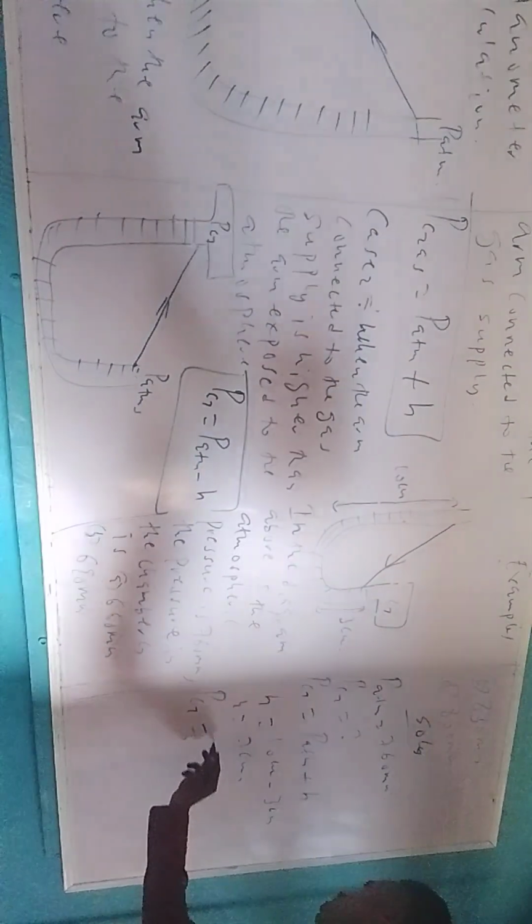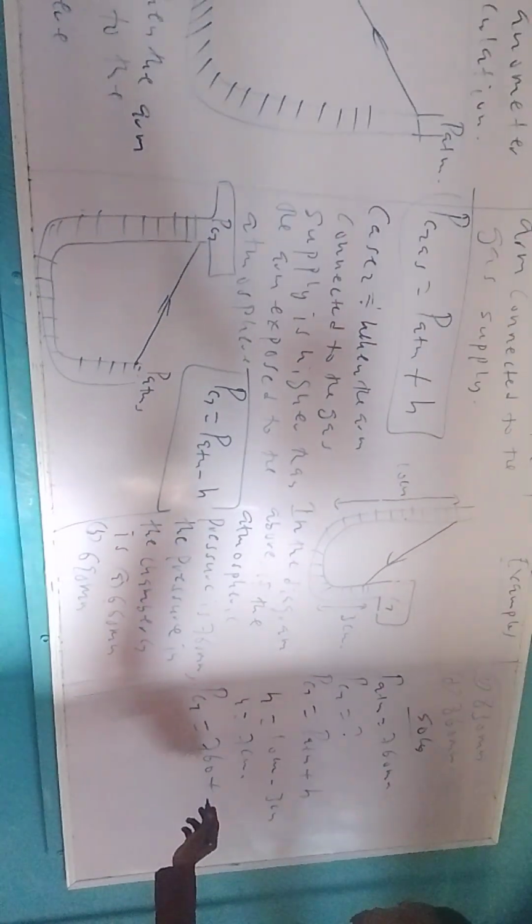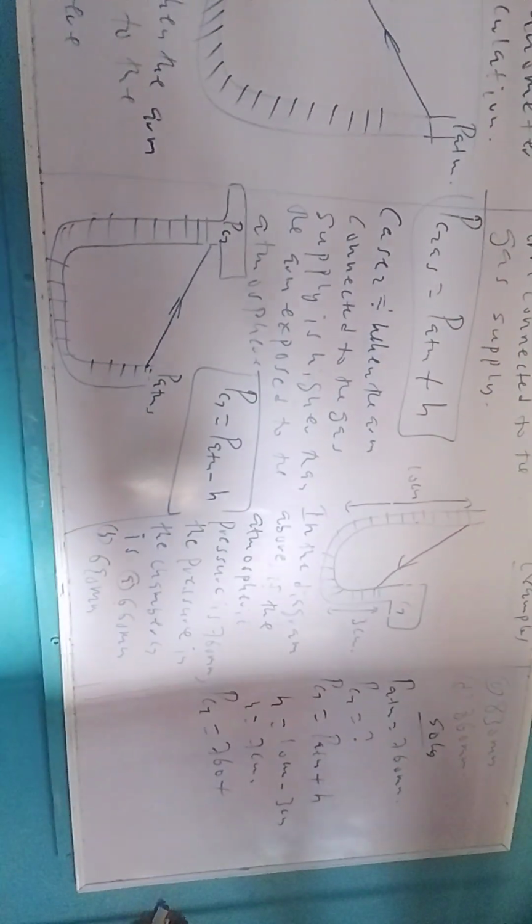Therefore, what is the pressure in the gas chamber G? Our pressure was 760, plus our difference in height. Take note: we have to convert this 7 centimeter to millimeter, because pressure is in millimeter, so our height also must be in millimeter. How do you convert centimeter to millimeter?